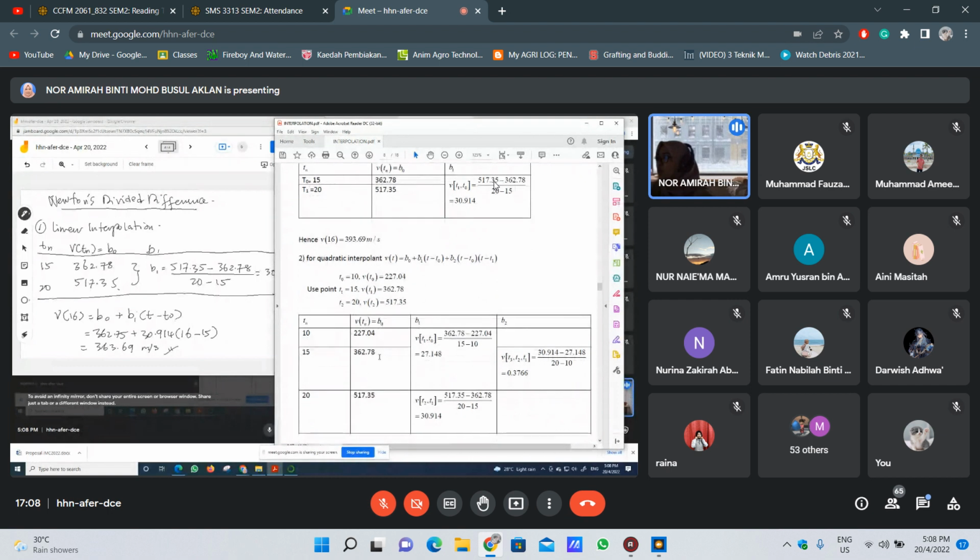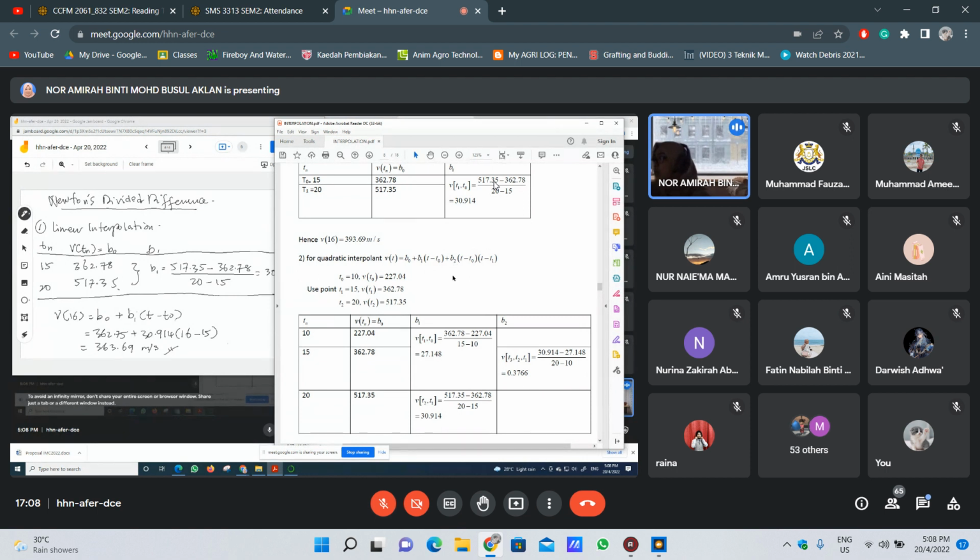Ke nak saya tunjuk juga example of quadratic kelas? Beza dia satu lagi value je kan? Beza 1 point. Okay. So the formula is the same but you have to add another one lah. Okay, B naught plus B1 (T minus T naught). Okay, this one is for linear tadi. For quadratic, you have to add more, which is for B2 (T minus T naught)(T minus T1).